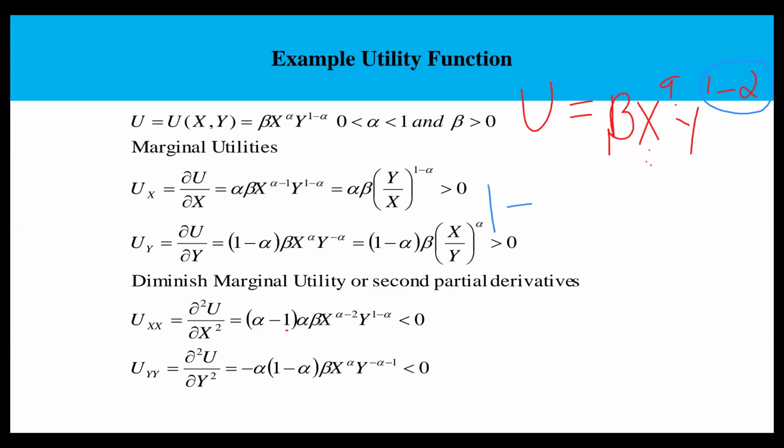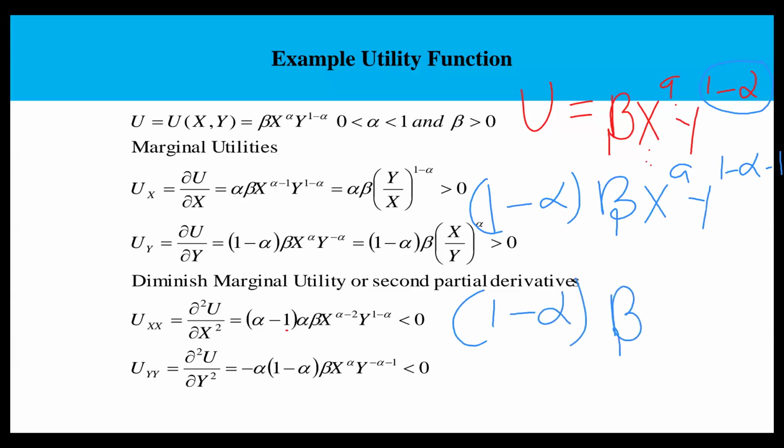So you take 1 minus alpha, which is your power, drop the power, and keep everything constant, the way it is: beta x to the power alpha, and y to the power 1 minus alpha minus 1, which will just be negative alpha, because 1 and negative 1 cancel and give you 0. So the derivative shall be 1 minus alpha, beta x to the power alpha, y to the power negative alpha.